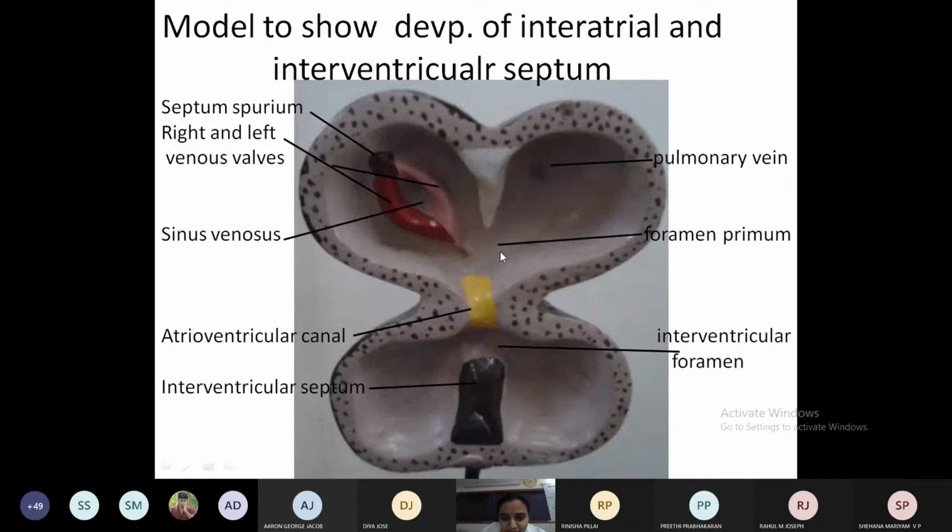This is a single channel. This atrioventricular canal allows the flow of blood from the primitive atrium to the primitive ventricle.